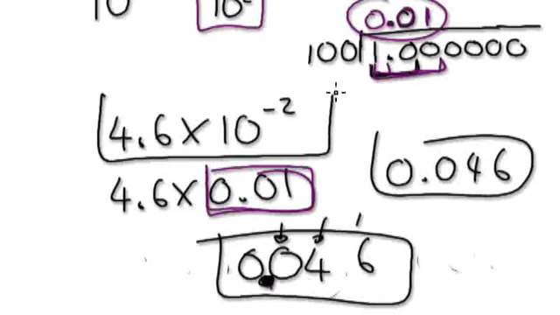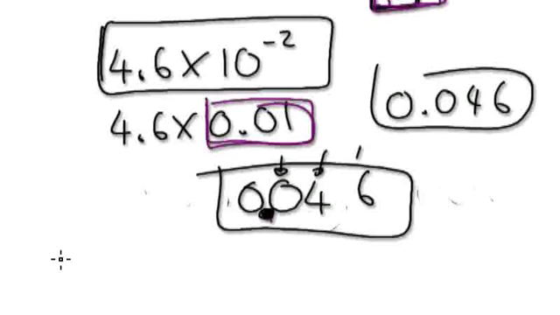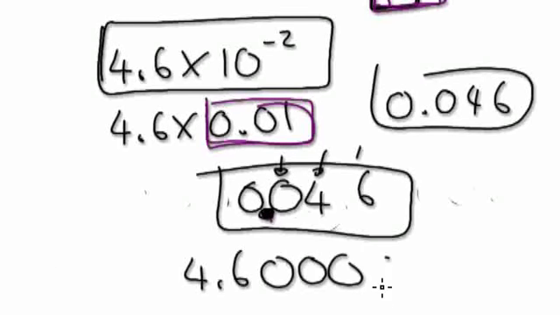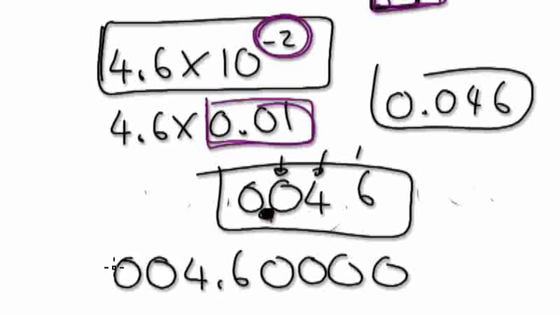So to convert a standard form like this, visualize it as 4.6. Because I know the overall answer would be a smaller number, smaller than 4.6, I'm going to need these zeros here.